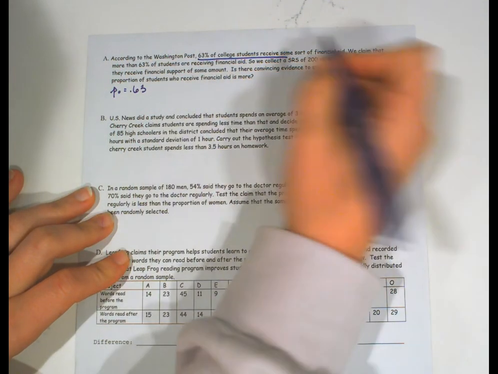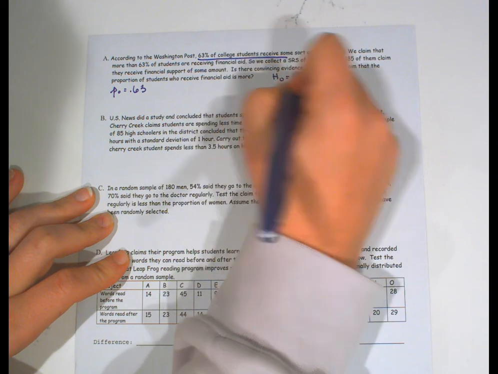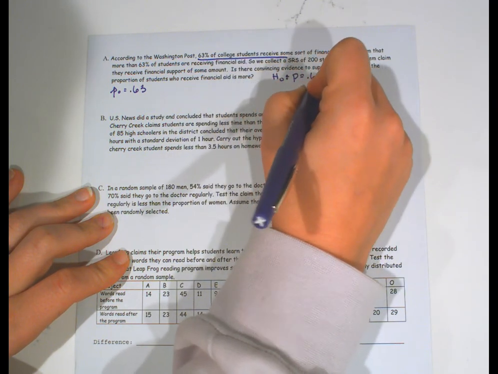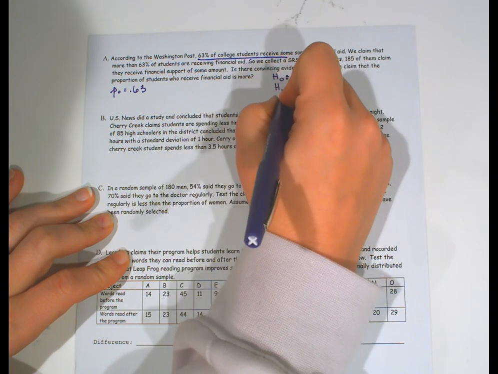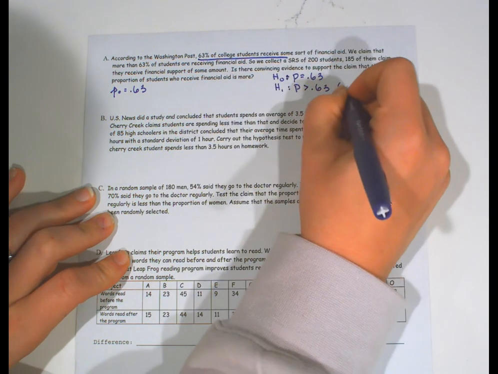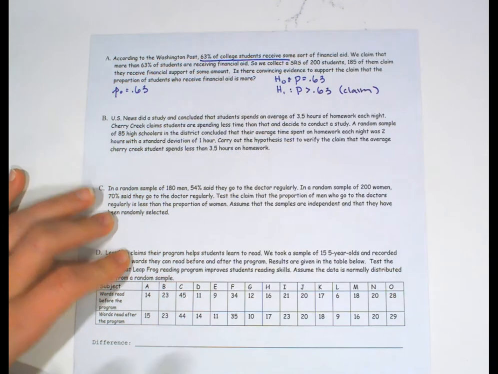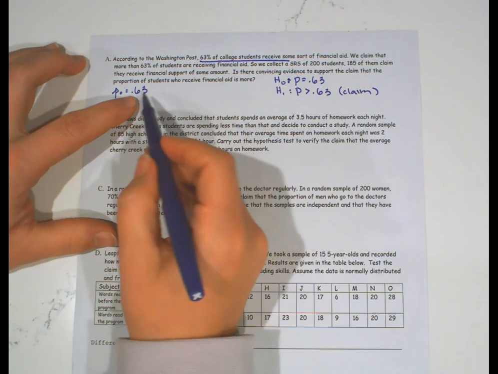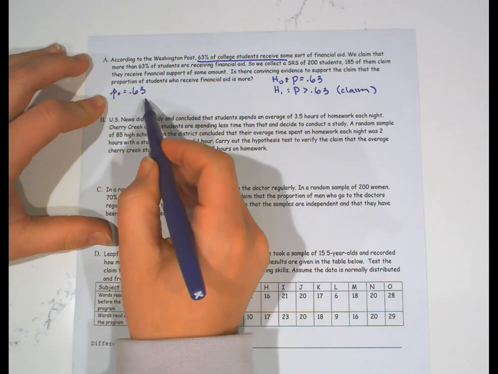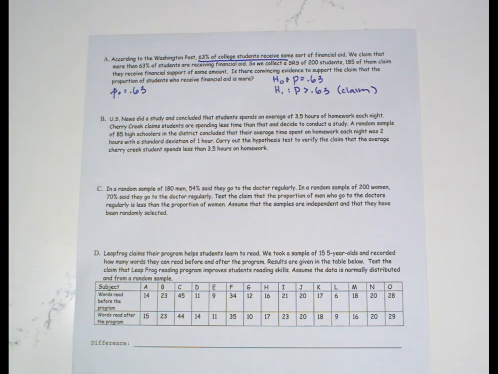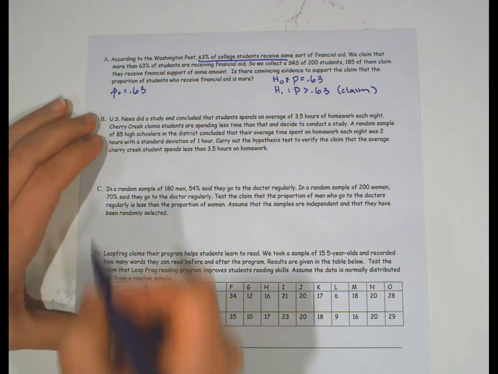And so our null hypothesis is that it equals 63%, and then our alternative hypothesis is that it's greater than 63%, because that's our claim, that it's more than 63. So this P naught has to do with the original amount, what our claim is, and then our sample gives us the rest of our information.